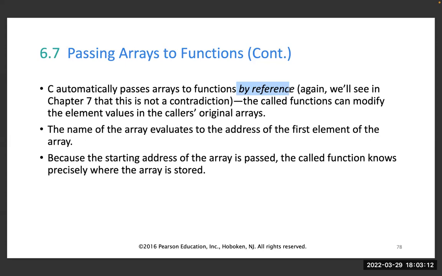So the function can operate on the array directly. This means in the function, we can change or modify the values in the memory of the elements directly. So this is convenient and also dangerous.